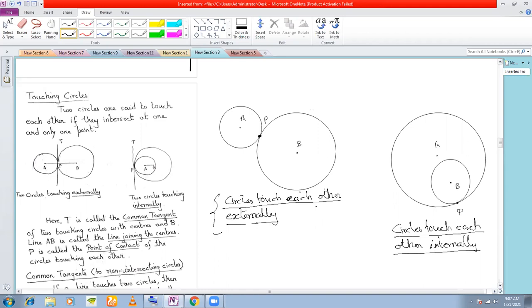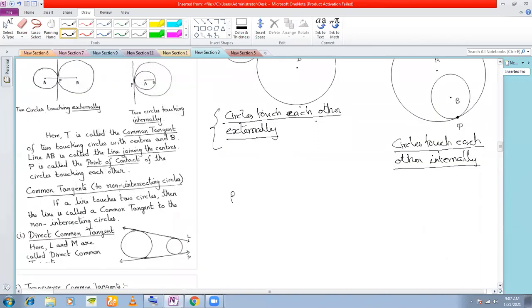And out here, one circle is inside the other, and we have a point of contact here, P. So P is called the point of contact of the touching circles, whether internally or externally. Okay. So that is what we mean.